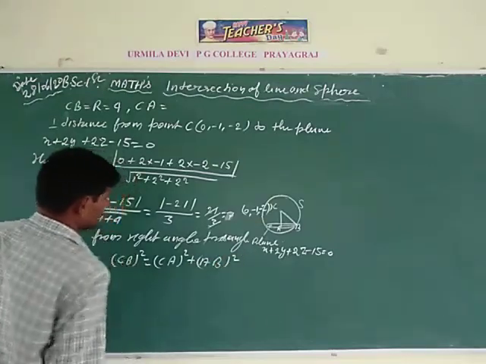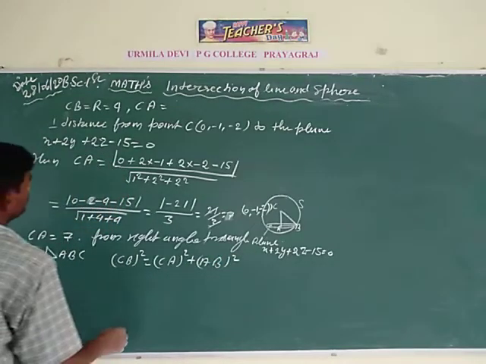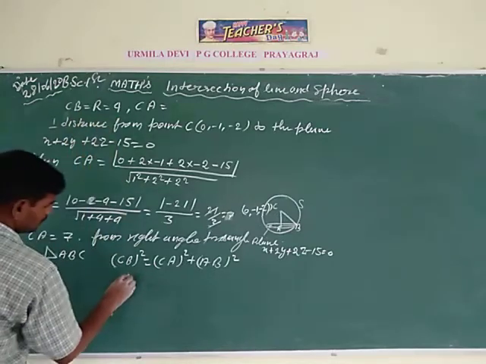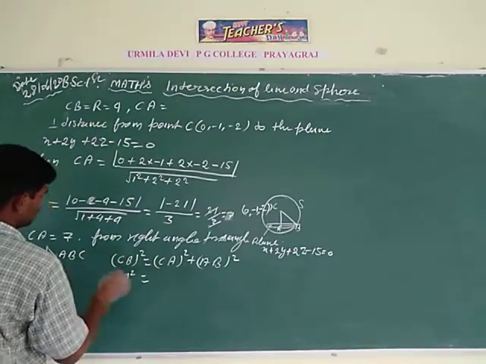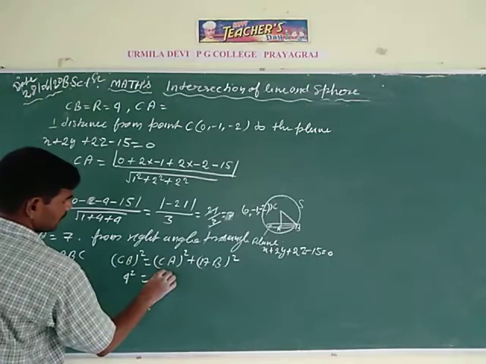Putting all the values of CA and CB, CB is equal to 4 whole square and CA is equal to 7 whole square.